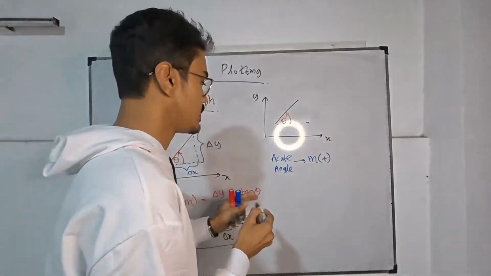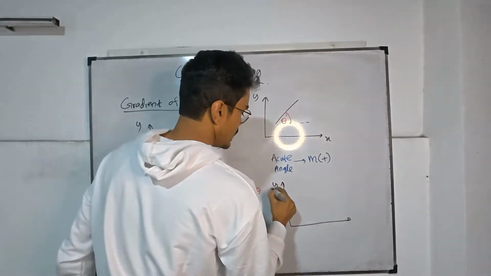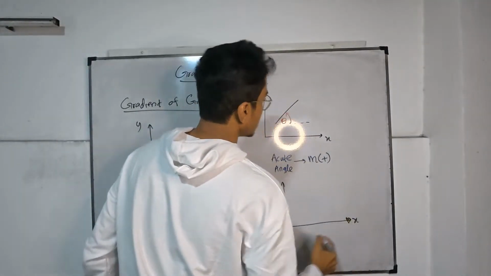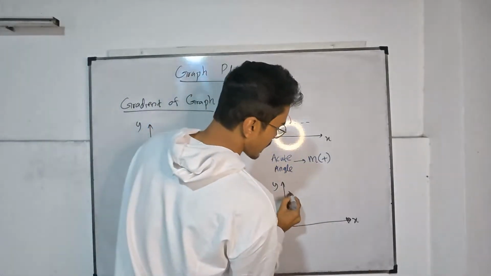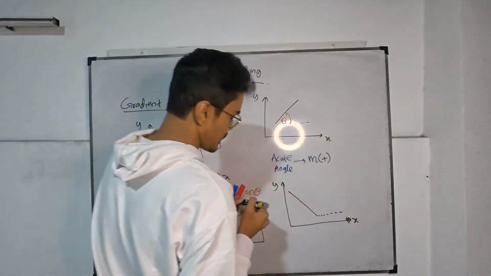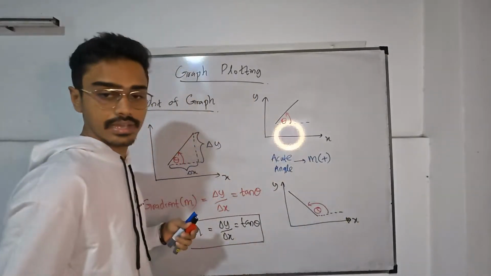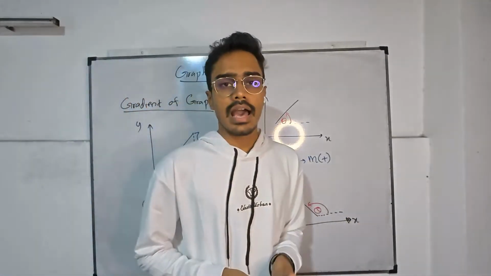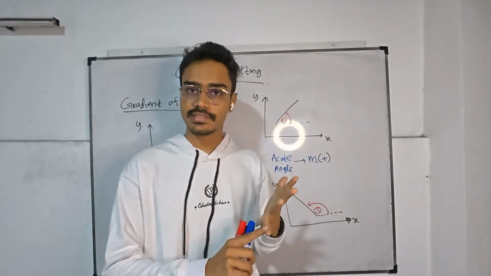And the next thing is, if this angle is an obtuse angle like this, remember you always measure angles in the counterclockwise or anticlockwise direction. That's a standard in maths and physics.